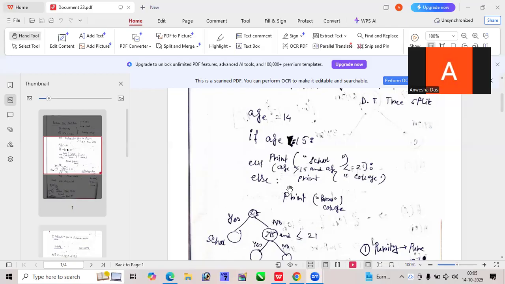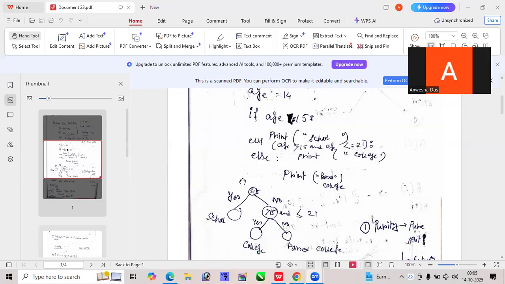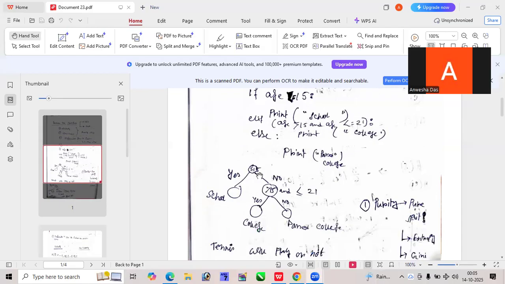So, based on these if-else conditions, if we create the tree, what type of tree will we create? See here, what is the first condition? Age less than 15, right? If age is less than 15, there are two options, yes and no. If age is less than 15, yes, she will go to college, sorry, school.